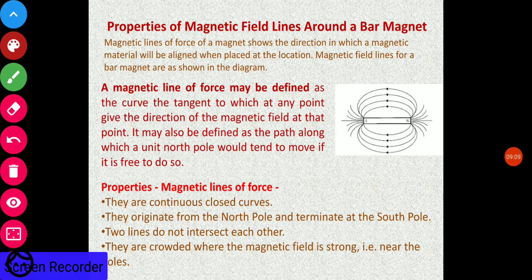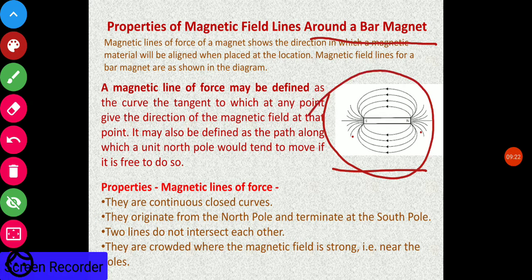Now properties of magnetic field lines around a bar magnet. This is the diagram of a bar magnet. This side is north and this is south, and this diagram you have seen in the previous classes also, that the magnetic field lines are drawn just like curves. So what are magnetic lines of force?